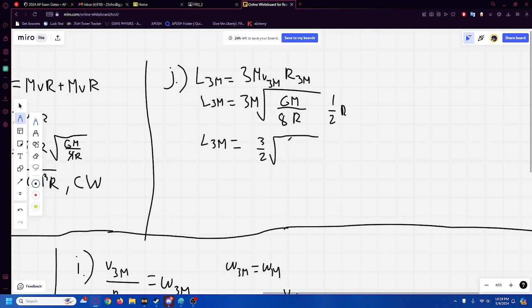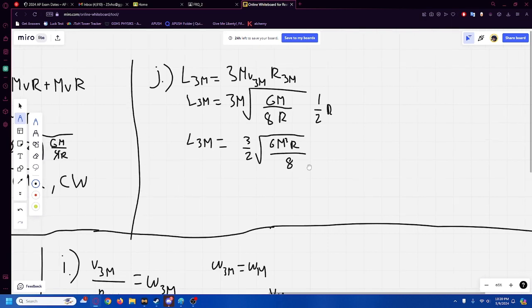I multiply the m's, so it'll be √(GM³), and R will be on top because of the expression, and this will be over 8.